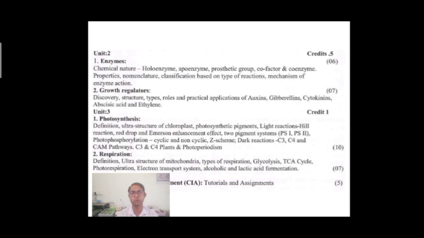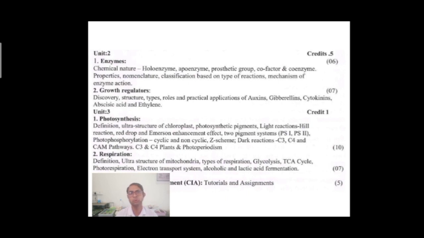As we know, growth in plants is under the action of some different regulators. Auxin, gibberellins, cytokinins, abscisic acid and ethylene are the different growth regulators, or growth promoters, which we are going to discuss in unit number 2.